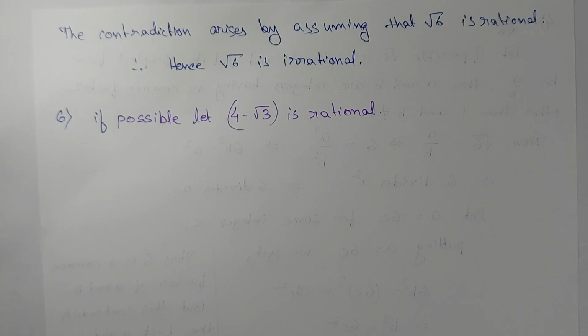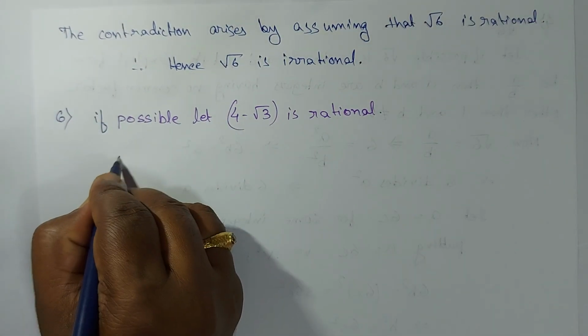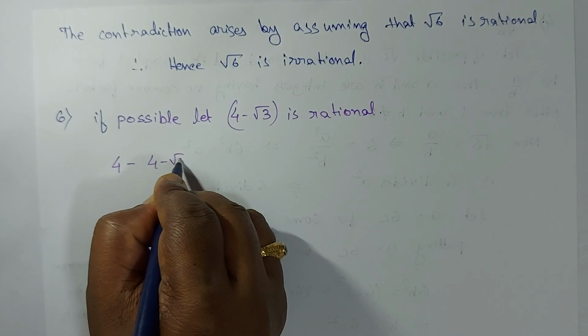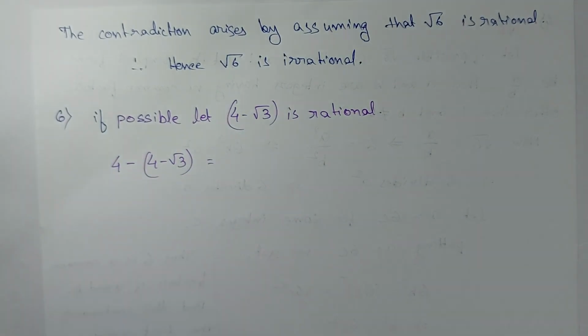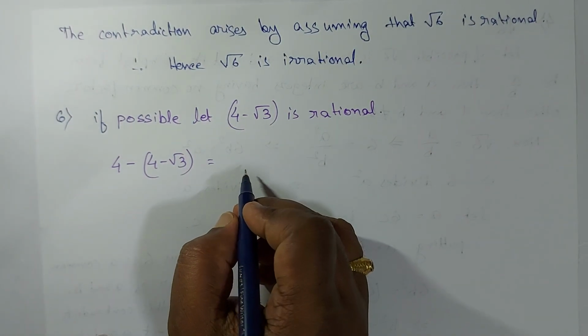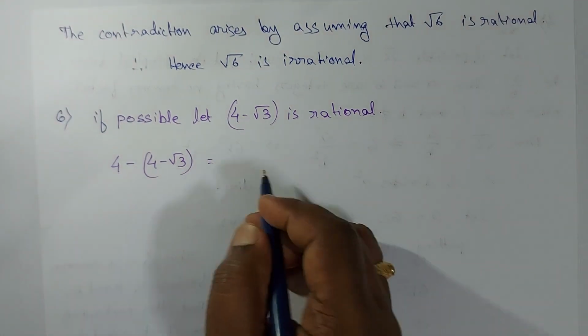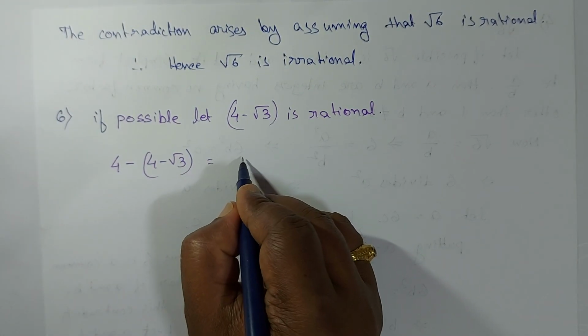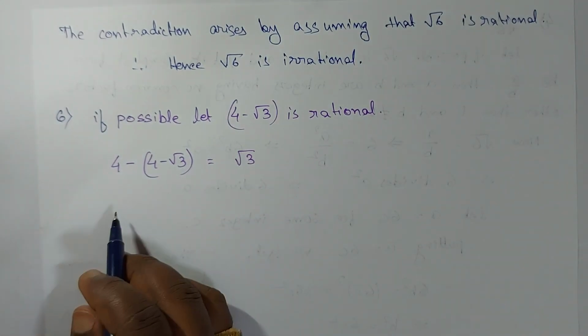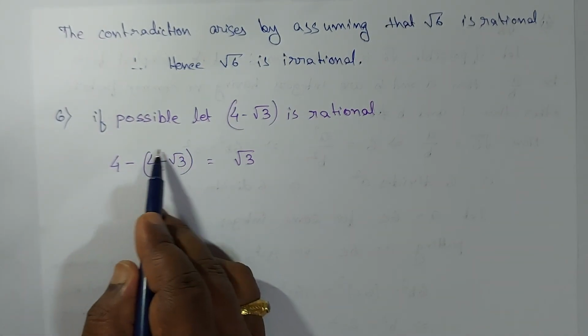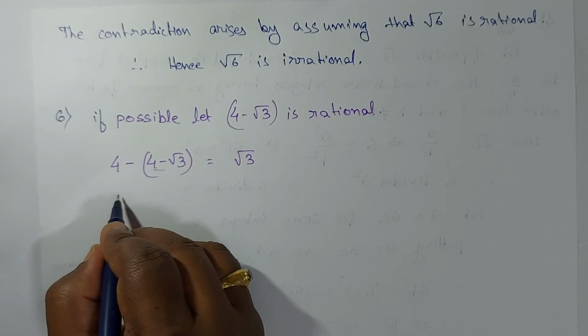Now 4 minus (4 minus root 3) is equal to root 3.